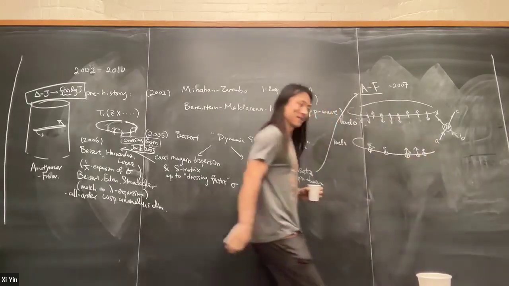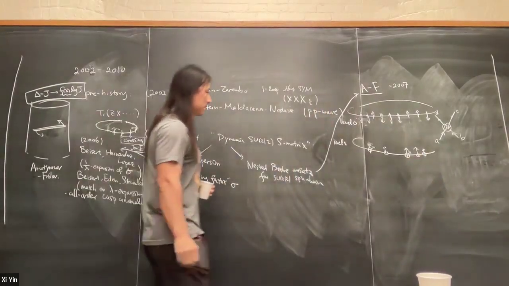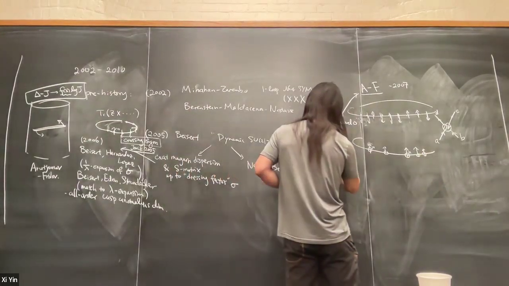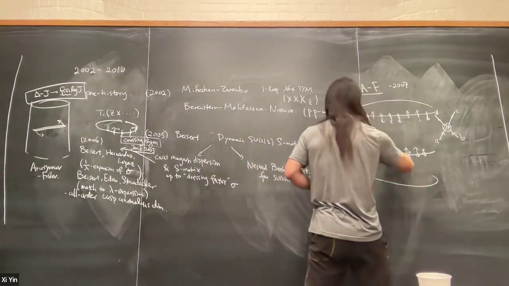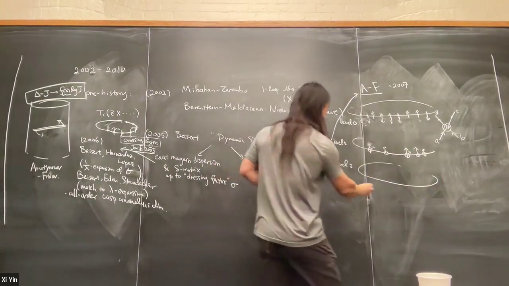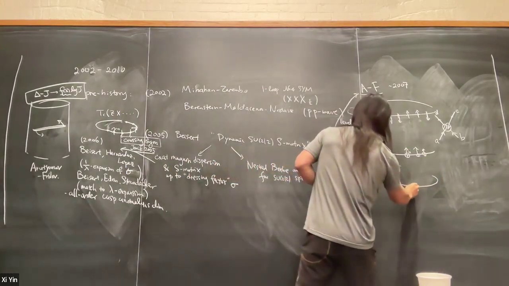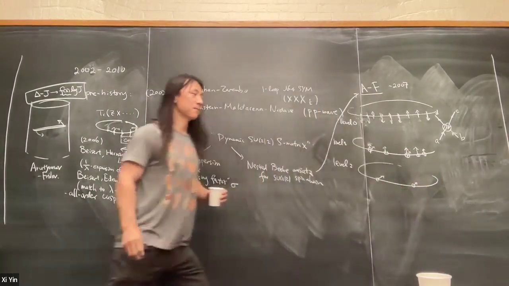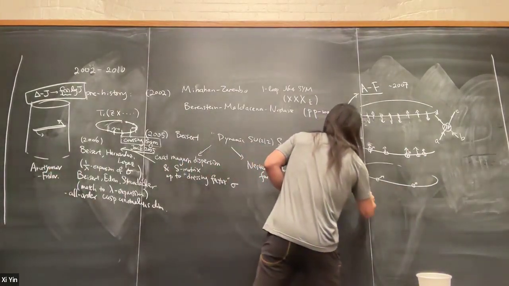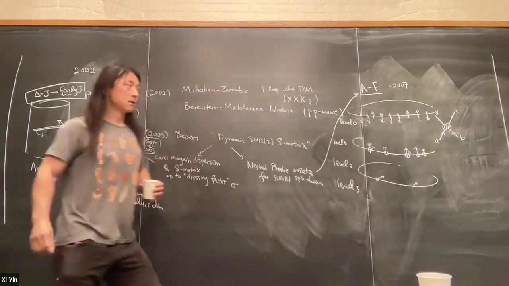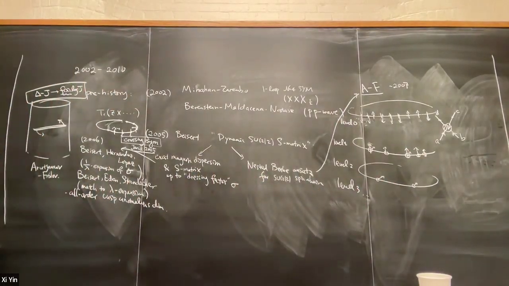I'm going to draw this represented by the arrow in the other direction. So then you go to a level 2, where you fix the number of magnons, but you only keep track of the difference in the magnon. And the procedure continues to level 3, and turns out to terminate at level 3 for this specific spin chain.